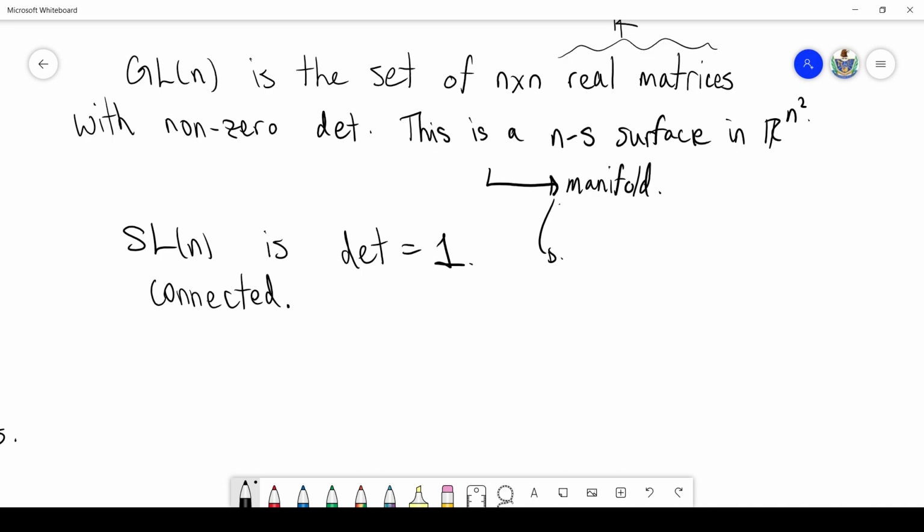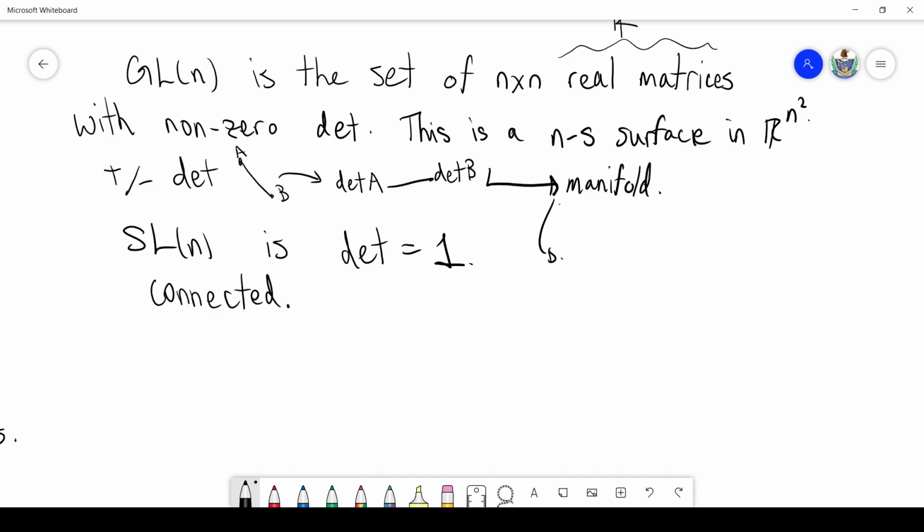matrices with positive and negative determinant cannot be connected by a continuous path, because if you have some continuous path from one matrix to the other, then you can project that to a continuous path in the real line between their determinants.